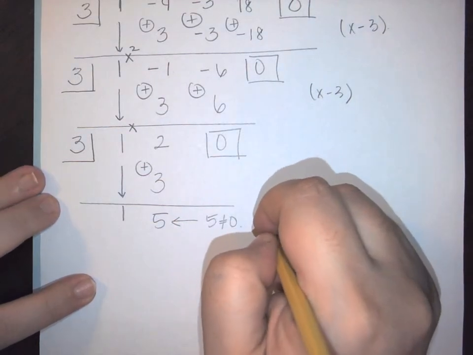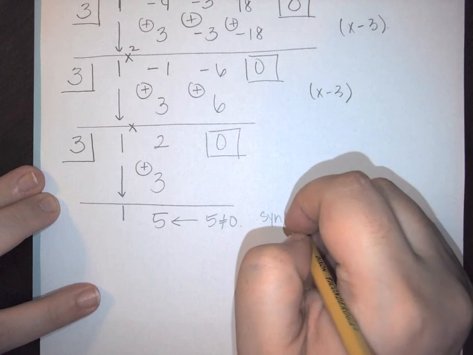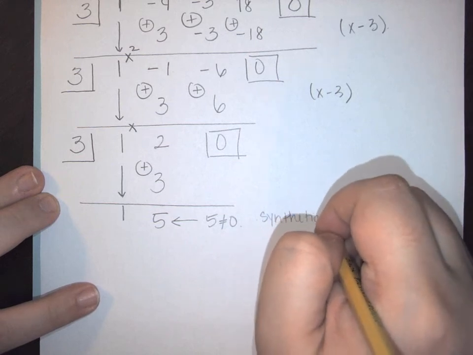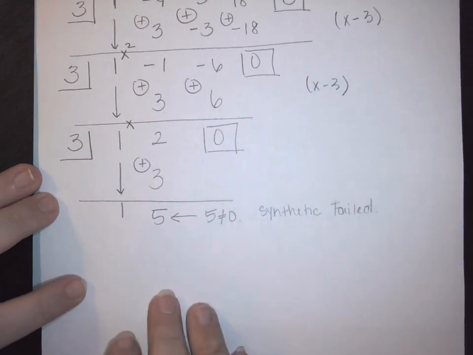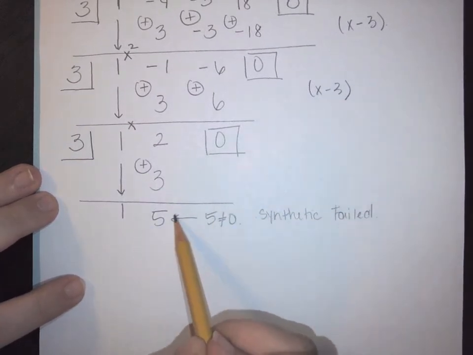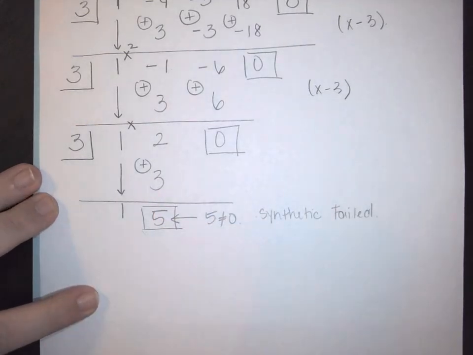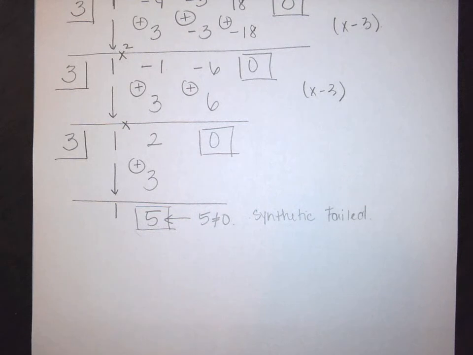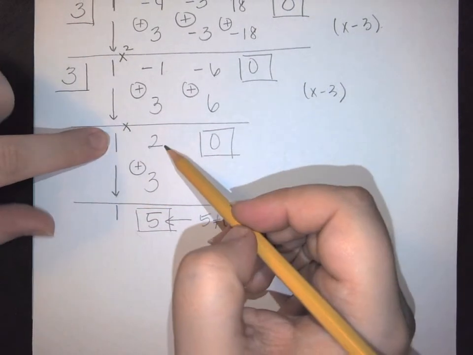Therefore, you would say the synthetic failed. So you would need to start again. Okay, so that's what it means when we say that it fails, is that this value right here is not 0. Therefore it is not another 0, so you have to go back.